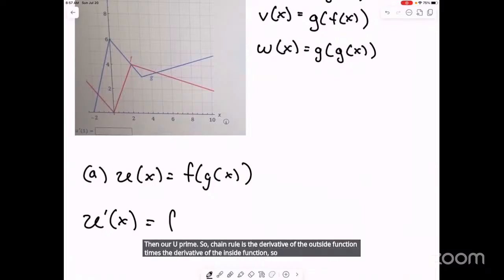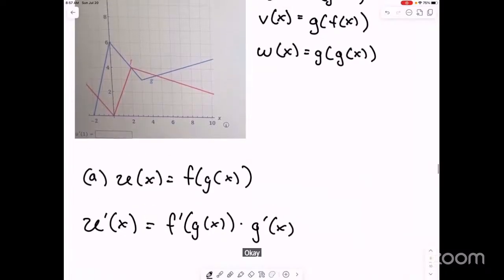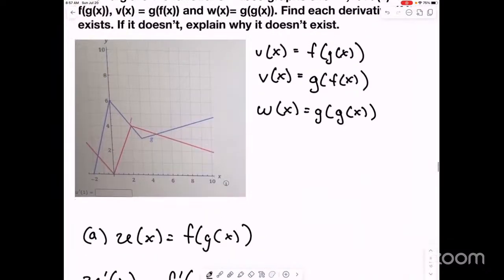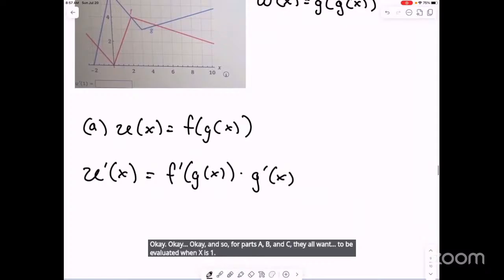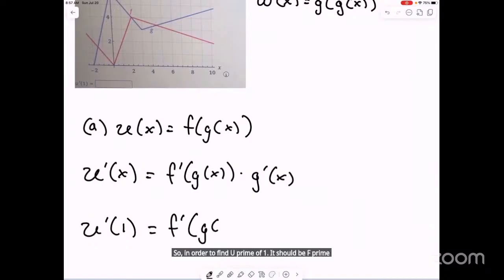So there should be f prime of g of x times g prime of x. Okay, and so for parts A, B, and C, they all want to be evaluated when x is 1. So in order to find u prime of 1, it should be f prime of g of 1 times g prime of 1.